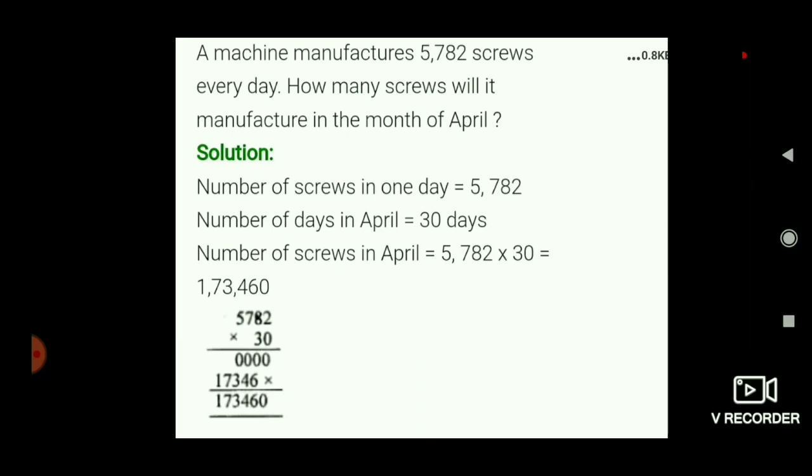Our last question of the class read as, a machine manufactures 5,782 screws every day. How many screws will it manufacture in the month of April?